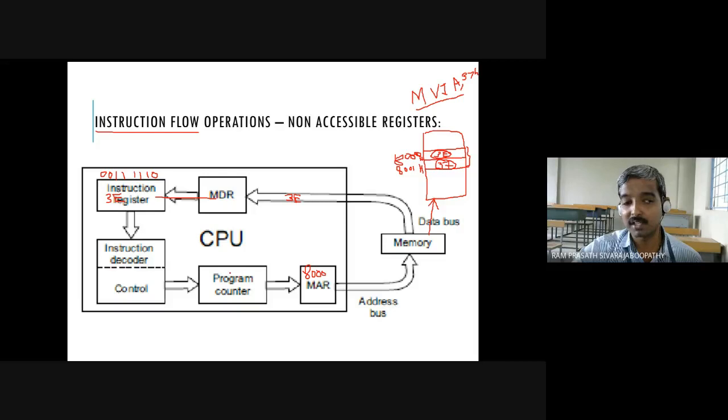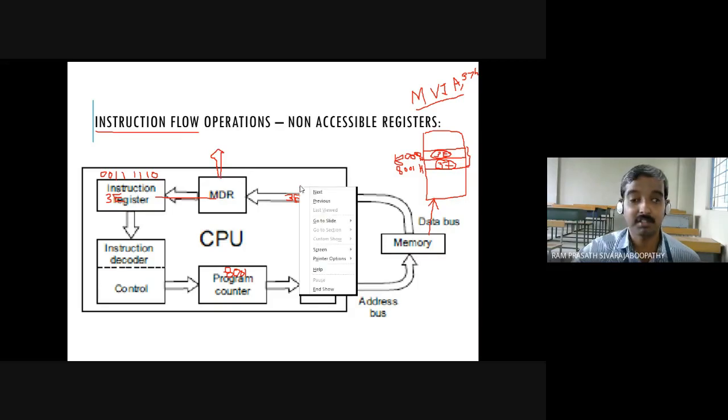In the program counter, initially it was 8000. So what is the next memory? 8001. That will now get stored in the MAR register, 8001. Correct? So from the memory 8001, what is available here? Data. It will go to the MDR register. From here it will go to the A register.